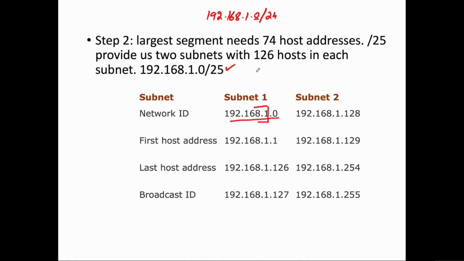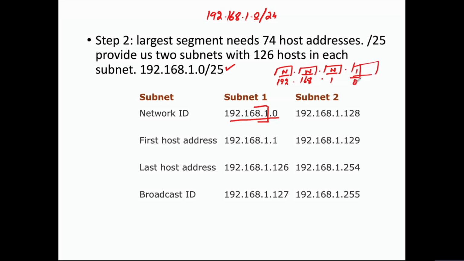And if its value is 1... this is the network portion, which represents the network part in class C. The network part cannot be changed, its values are given, 192.168.1. And here I'm borrowing this bit from the host portion. Its value can either be 0 or 1.